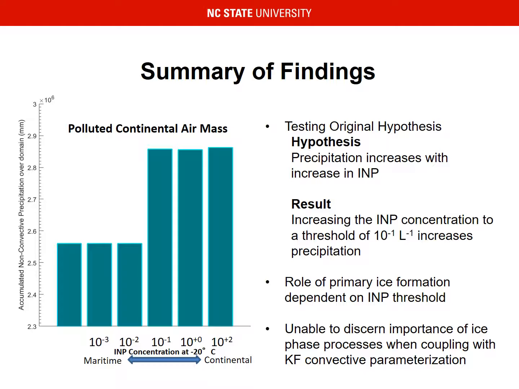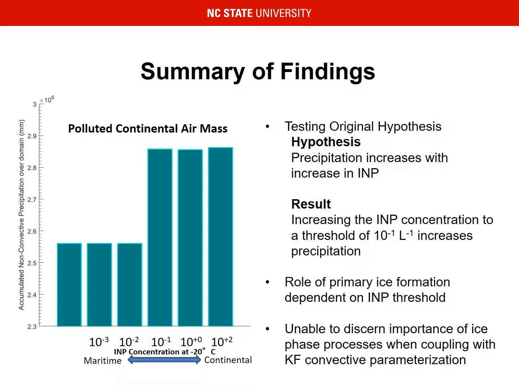And lastly, although we don't really have much time to get into it, it's really important to note that the Kain-Fritsch scheme, although it is largely known that it does promote ice and produce ice in the system, has implications to take note of for future studies: it's providing enough ice in the system to overcome the INP threshold and make it impossible to discern the importance of the various cold cloud microphysical processes.